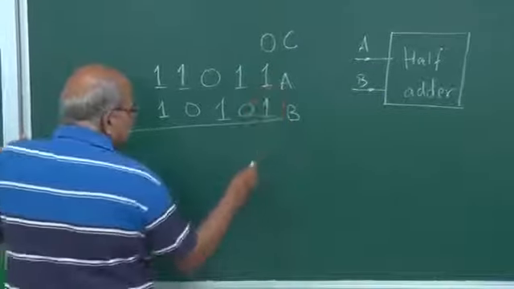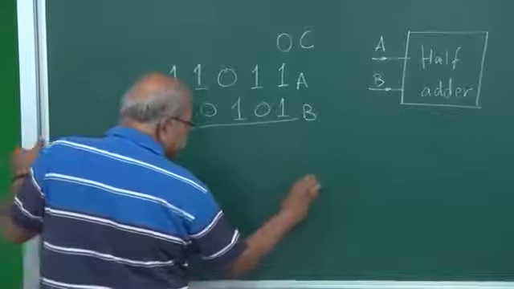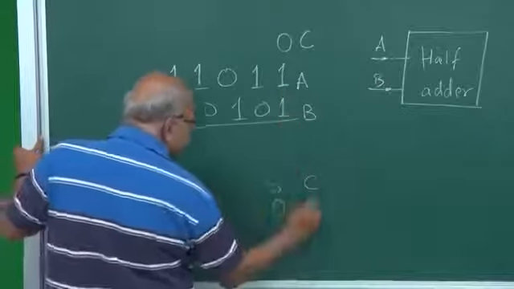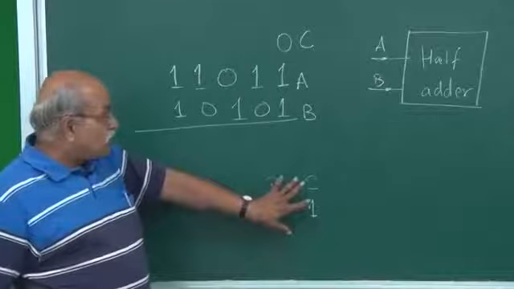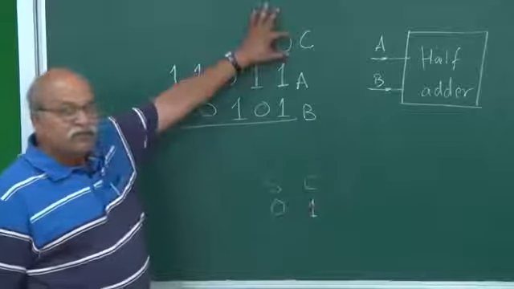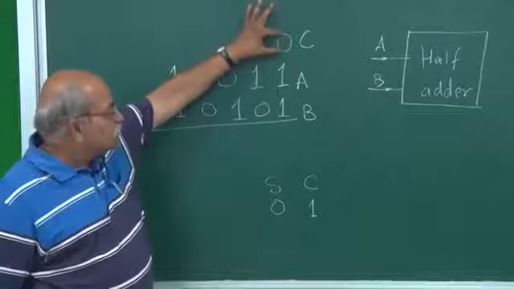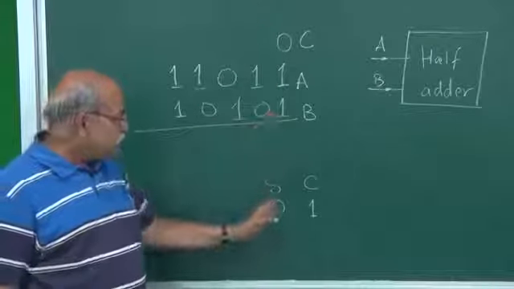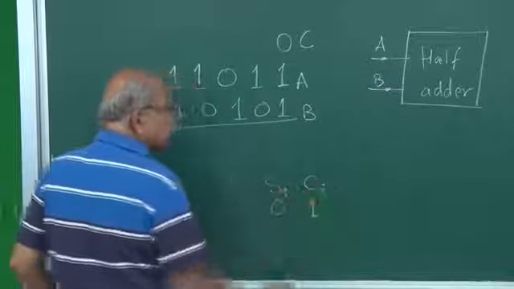When I do this, I get, this is my first half adder, remember, a sum which will be 0, and a carry which will be 1. But this is intermediate, this is not the final carry and final sum, because I have not taken care of this carry here. In this particular situation it is 0, it will not affect, but later on it will affect. So, this is only an intermediate sum and intermediate carry. So, let me write it Si and Ci.